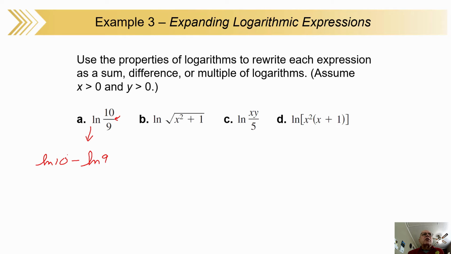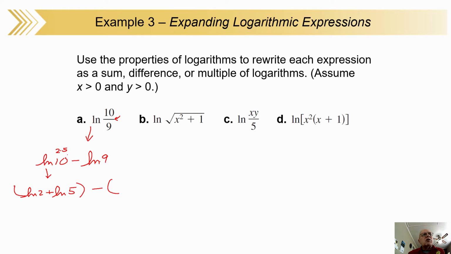Now if I'm going to expand this, I can actually do a little bit more, because remember, 10 is 2 times 5. So what I could do is write this as natural logarithm of 2 plus the natural logarithm of 5 minus.